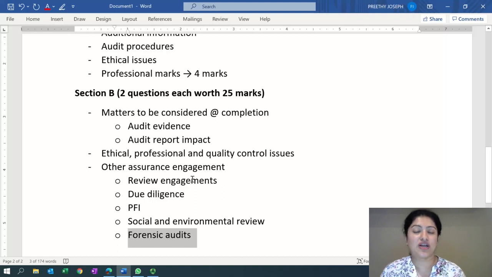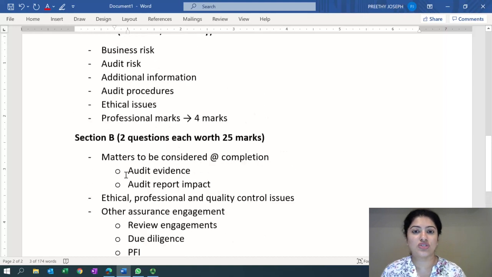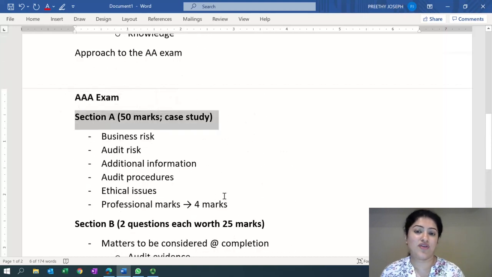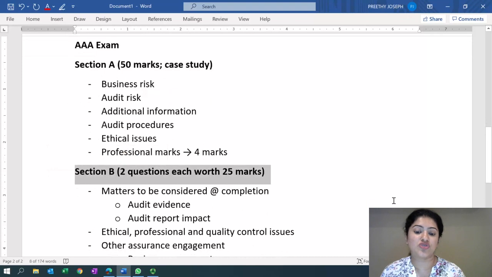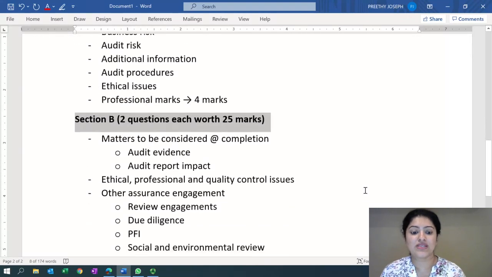In terms of structure, how do you need to start writing your answers? When the examiner says your time starts now, that means your 3 hours starts. Please do not waste time doing section A of the paper. Go straight into section B. Start with the 2 questions, attempting whichever you're comfortable with first.